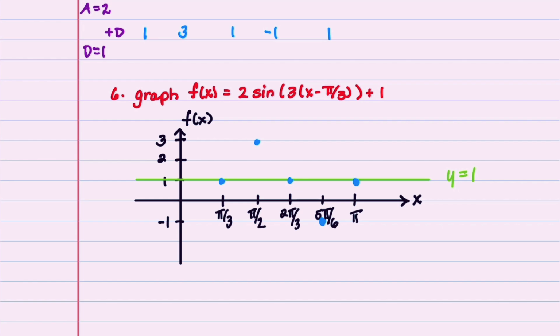The last step is to connect our points and draw our graph. And then I'm just going to extend the graph a little bit so that we can see that it's going to continue to the left and to the right.